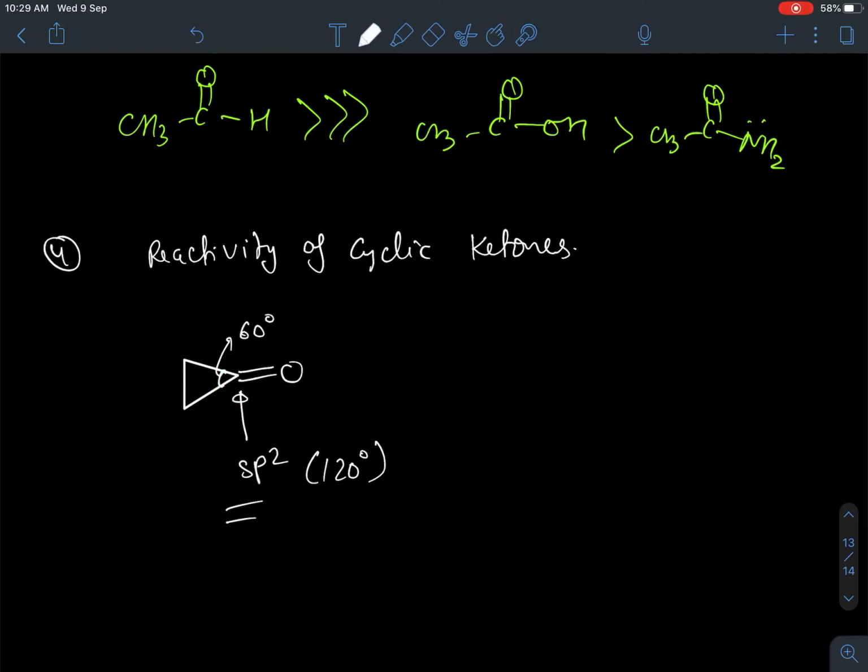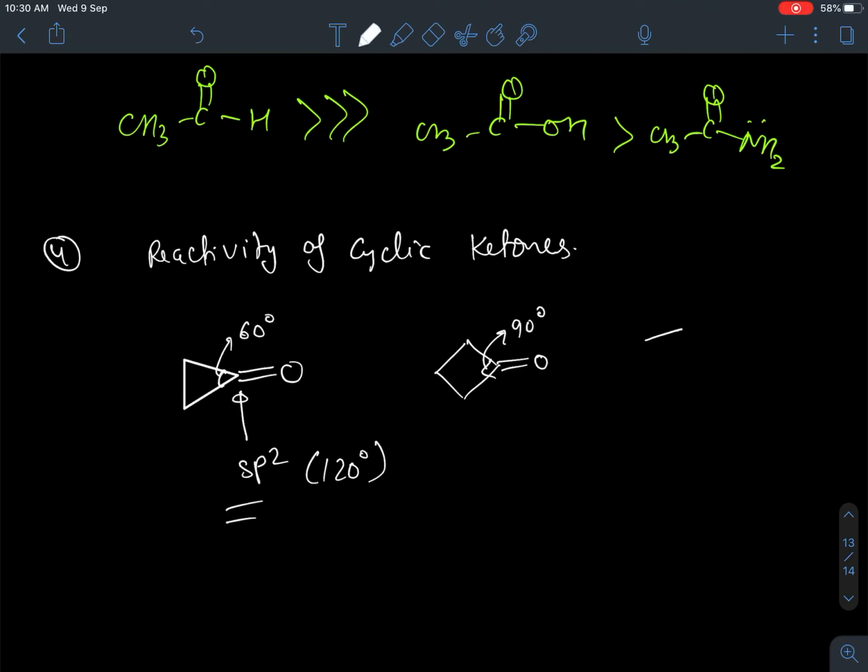So that angular strain is the main reason for the reactivity of this ketone. Now if you keep on increasing this by putting more and more carbon inside the ring, after 3-membered we have a 4-membered ring. Now this internal angle will be close to 90 degree. I am not saying exactly 90 degree, but close to 90 degree.